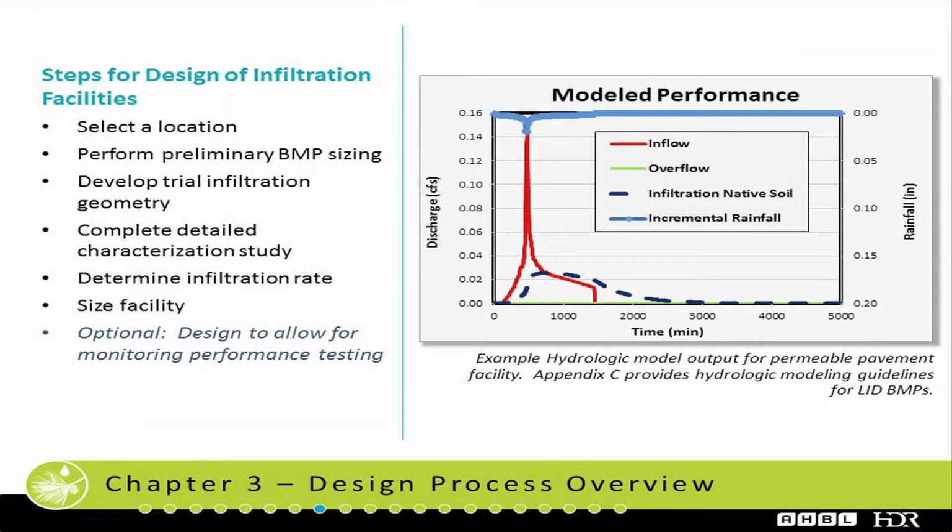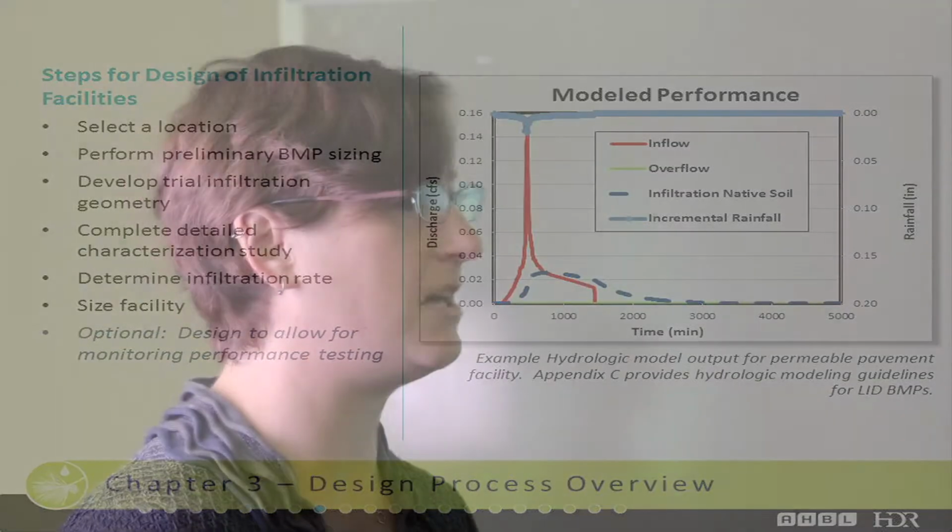This is steps for design of infiltration BMPs, as well as non-infiltration BMPs. And I'm going to run through all of the BMPs that are included in the manual when we cover Chapter 4. We have some very specific guidance on how to do design for infiltration for LID sites.